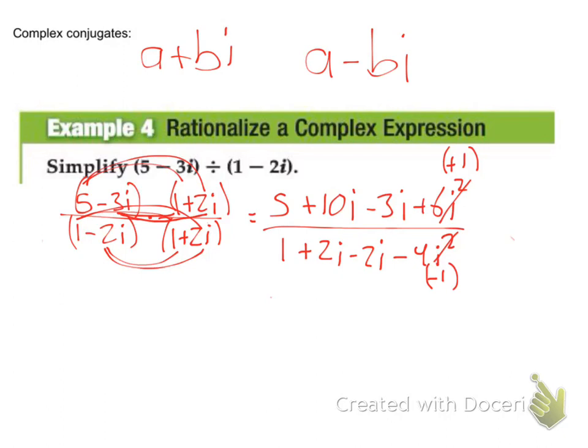And 6 plus 5 is 11. 10i minus 3i is 7i. So the top becomes 11 plus 7i. That's not too bad. Bottom? Oh, the 2 i's cancel. Yeah, got to be plus 4. So that becomes 5. We have now just rationalized the denominator.